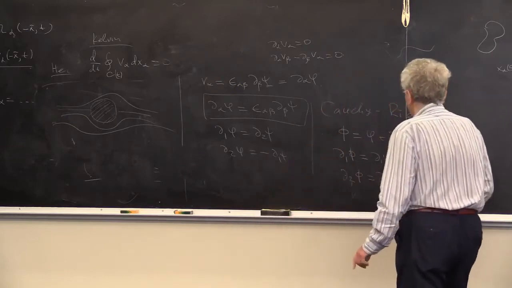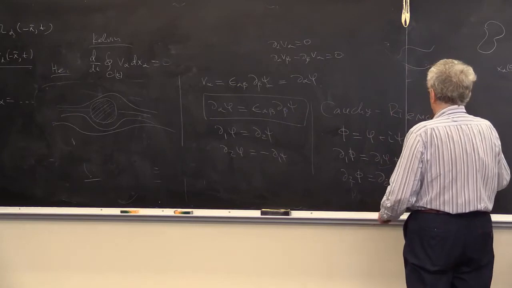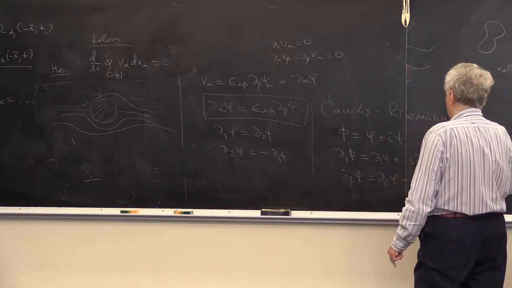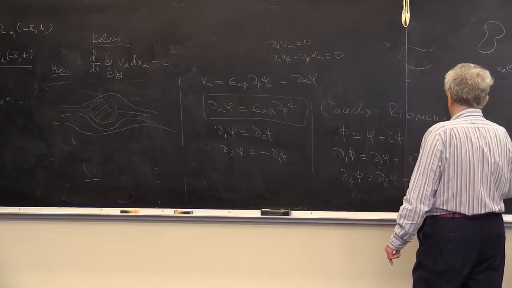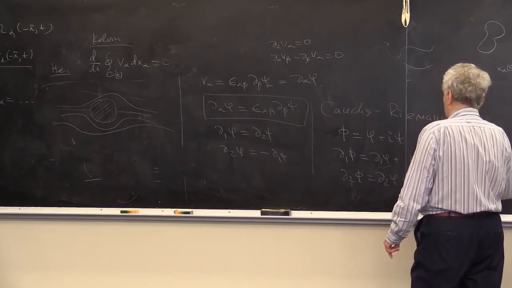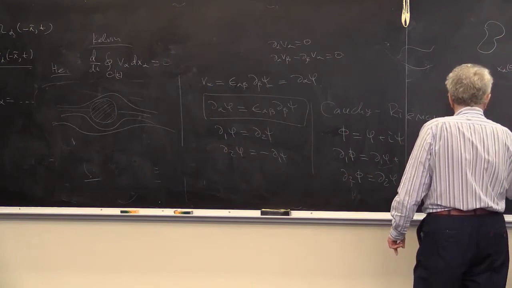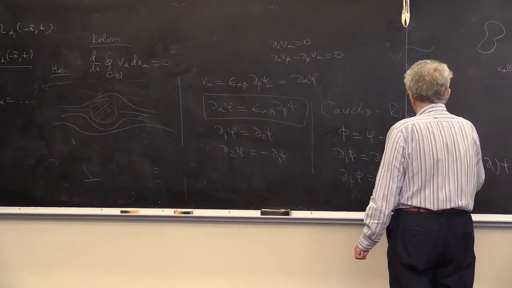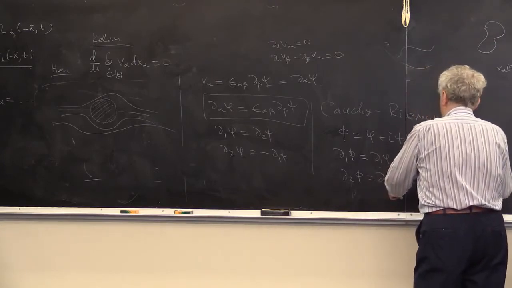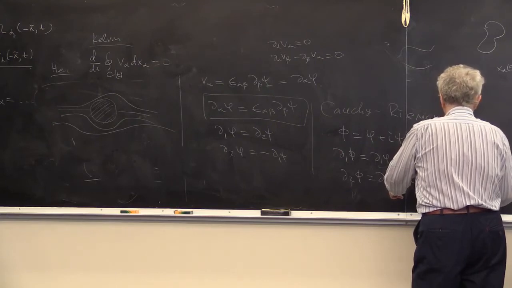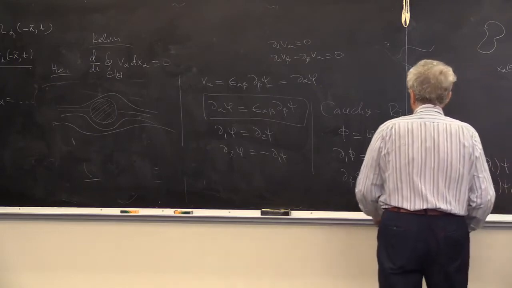And now I use this thing, and I would say it is equal to d2 phi plus i d1 psi, and this is equal to minus i times d1 plus i d2 applied to psi.